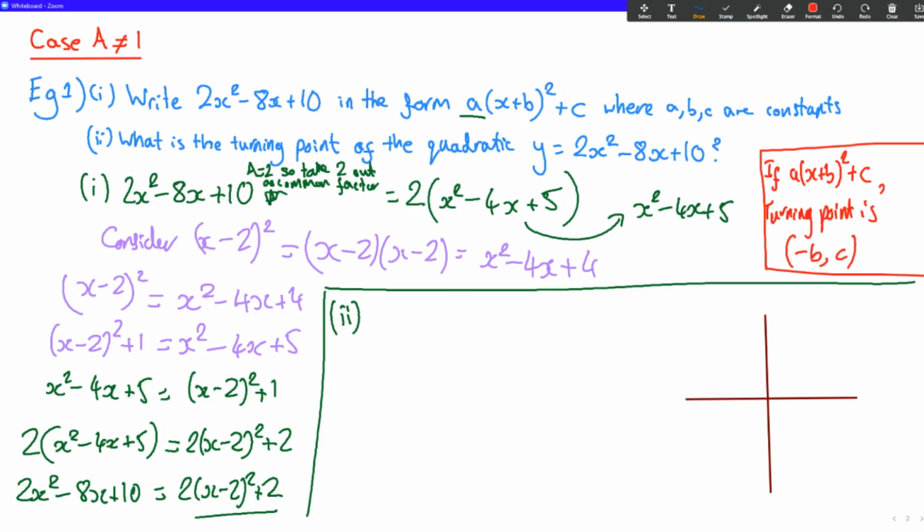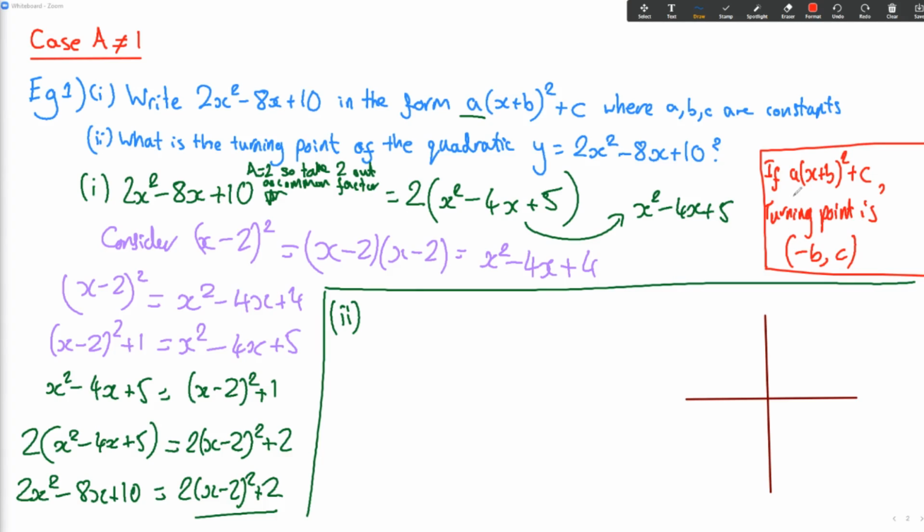That's the turning point. What does this mean exactly? It basically means that if you just get the completed square form, and you just reverse the sign of this b bit, and then you keep this c, and you have the coordinates of the turning point.